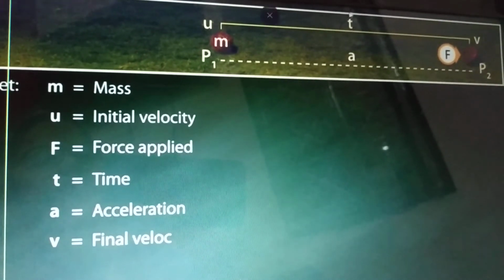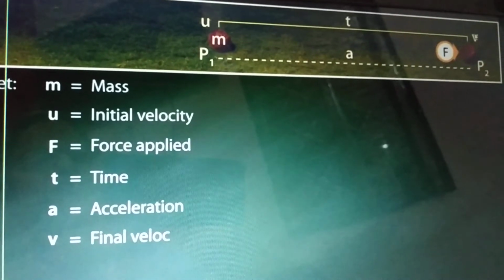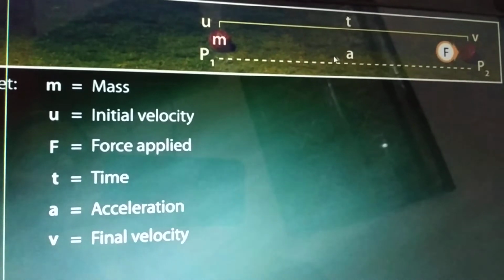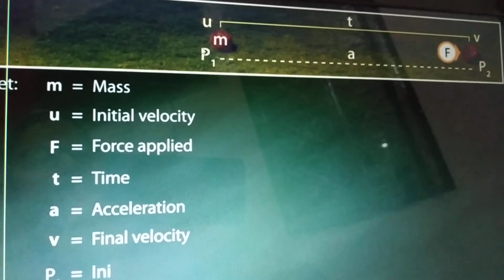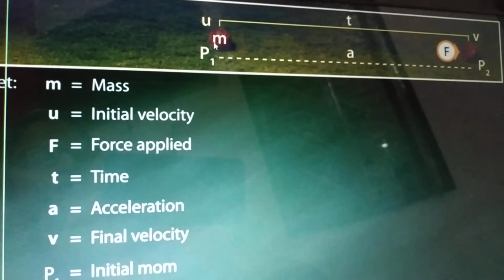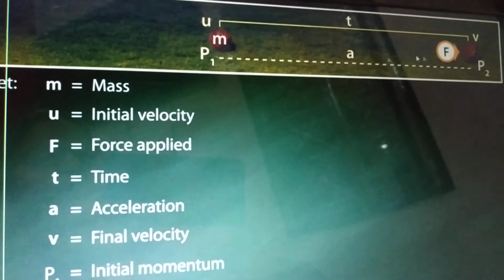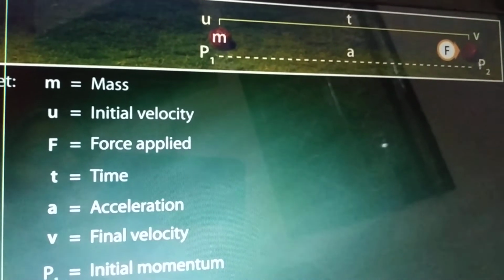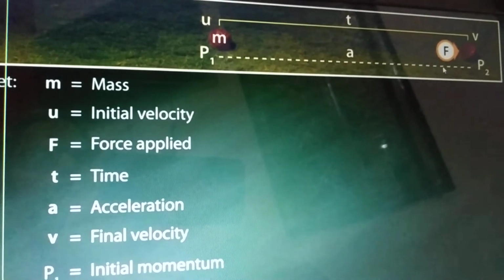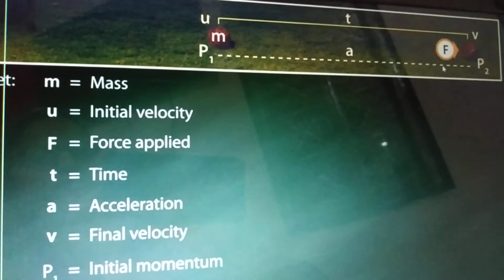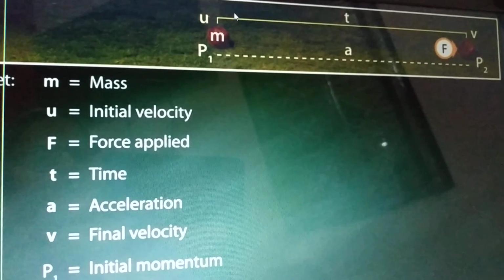So in the time period t, the ball accelerates to the final velocity v. Let P1 be the initial momentum and P2 be the final momentum of the ball. Okay. So I hope this is understood by all of you.